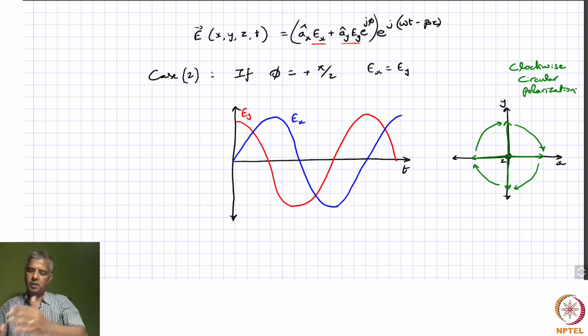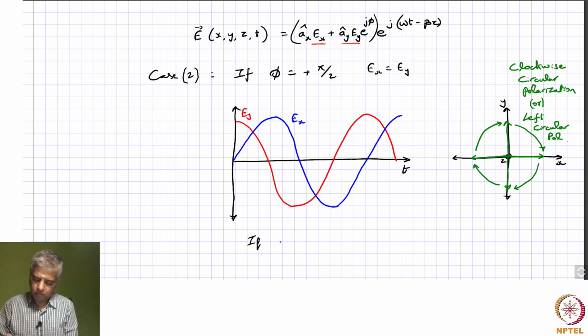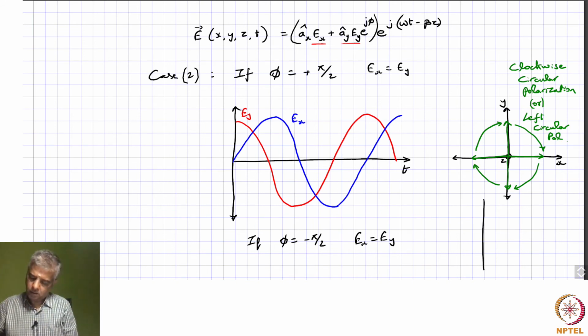Okay, so there is actually a neat way of representing these polarization states, whether you say linear or circular or elliptical, and that representation in a three-dimensional way is through what is called a Poincare sphere. Okay, so it's named after this famous scientist named Poincare, right?